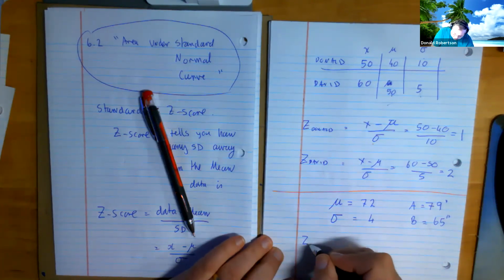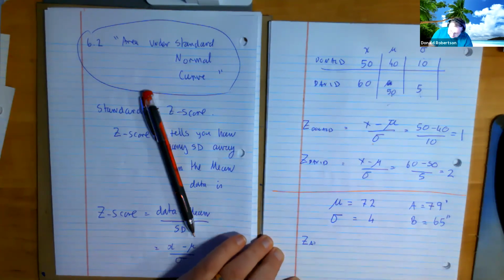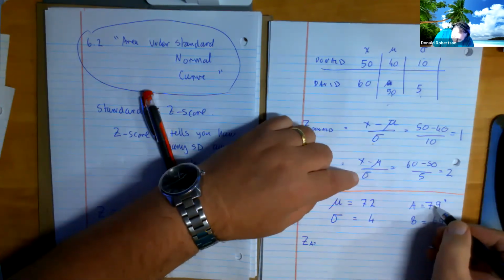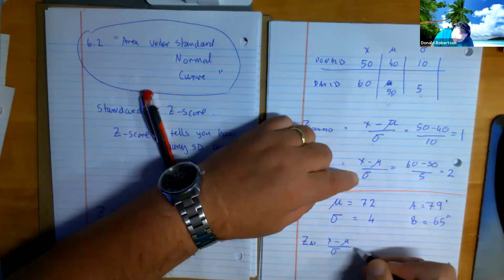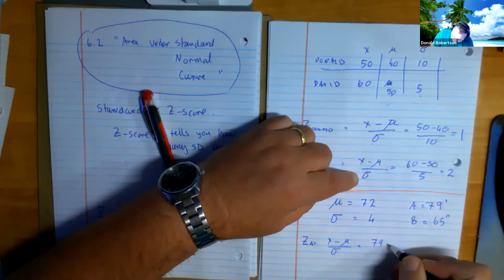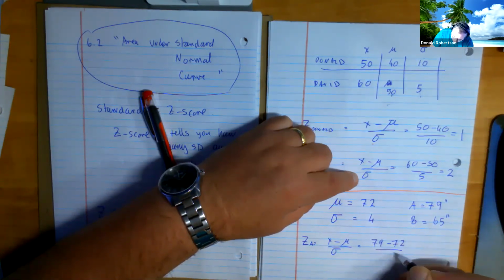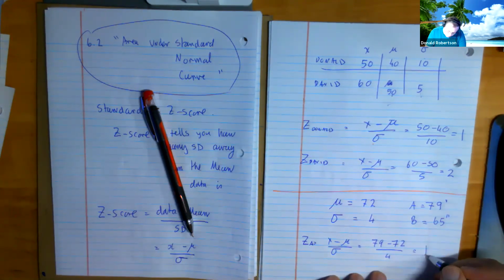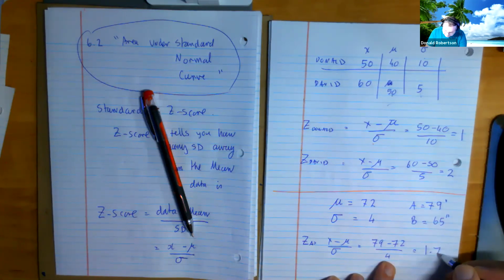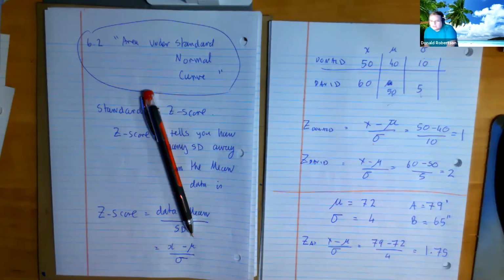Well, let's get the Z-score for A. The data, take away the mean over the standard deviation. That's 79, take away 72 over 4. And now we're going to get 1.75. So it's about 1 3/4 standard deviations away from the mean.